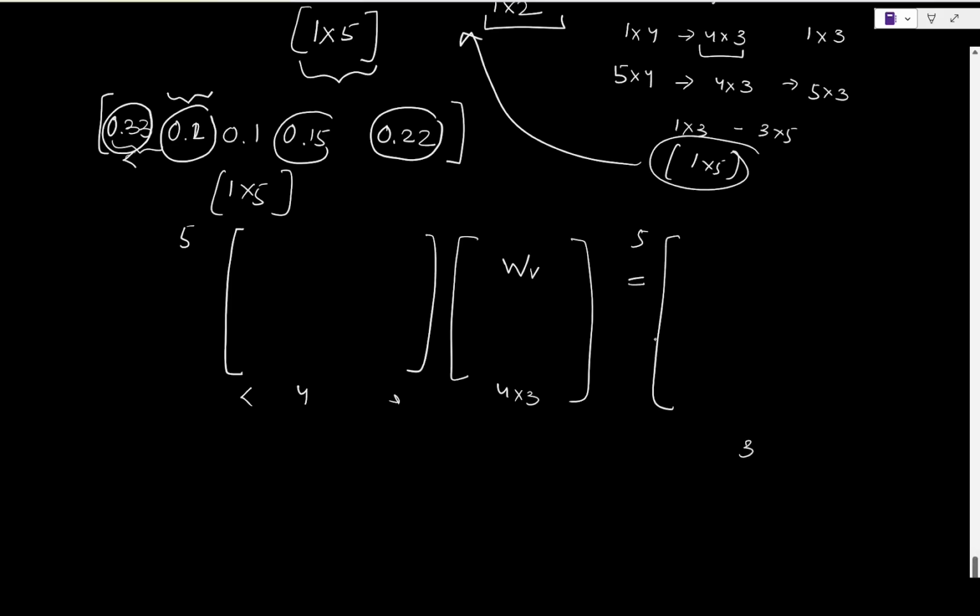We can call it something like V11, V12, V13. This would represent the value representation of the first word. Similarly, V21, V22, V23 would represent the value representation of the second word, so on and so forth, till V51, V53.